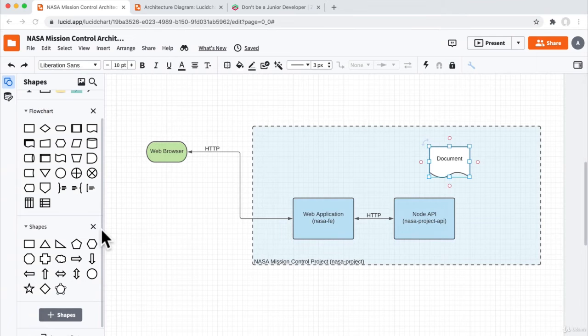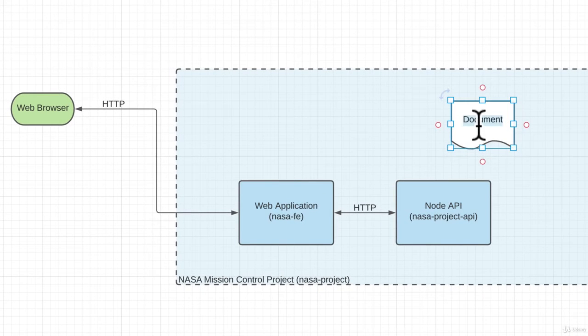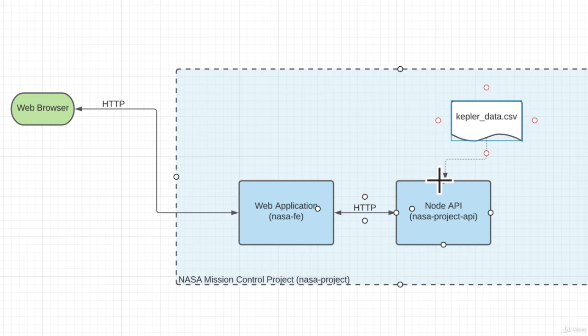So, this is going to be Kepler_data.csv, which is depended on by the Node API.